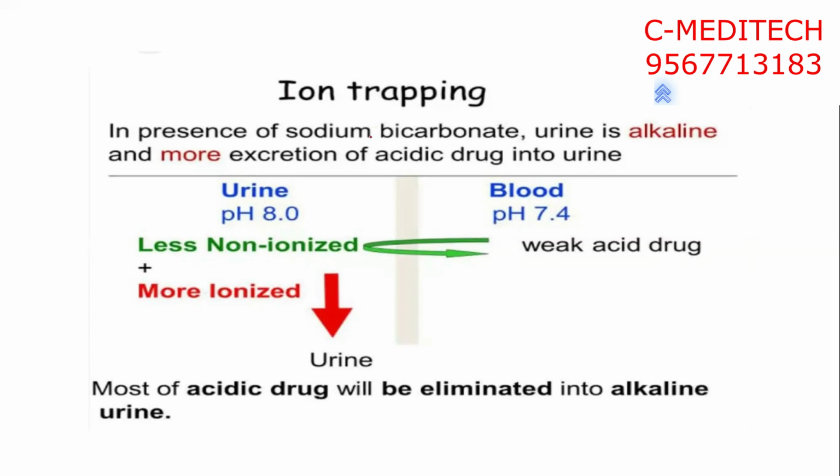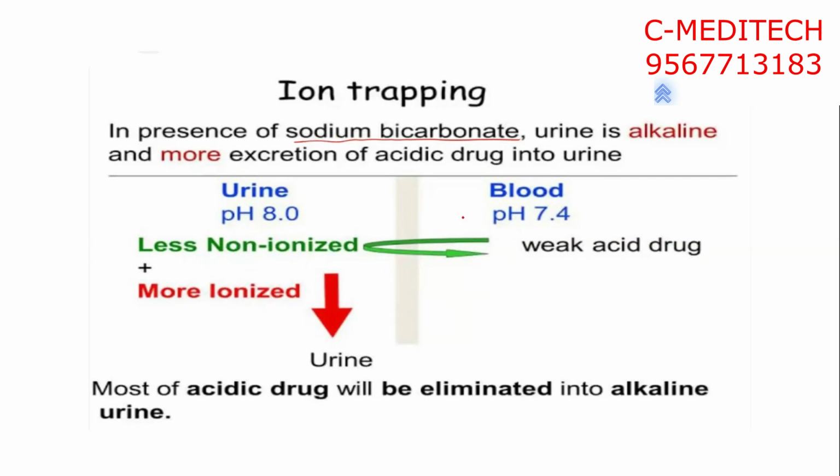Sodium bicarbonate is used as an alkalizing agent. When we add sodium bicarbonate, urine will be more alkaline in nature and that can excrete more acidic drug into urine. Most of the acidic drugs will be eliminated into alkaline urine. So that is the process of ion trapping.